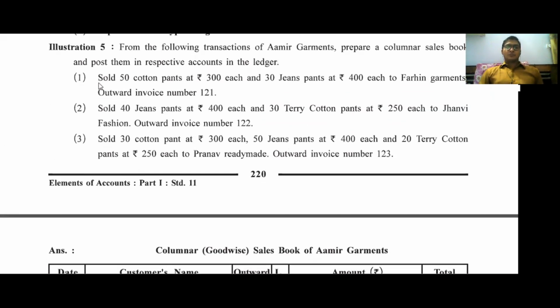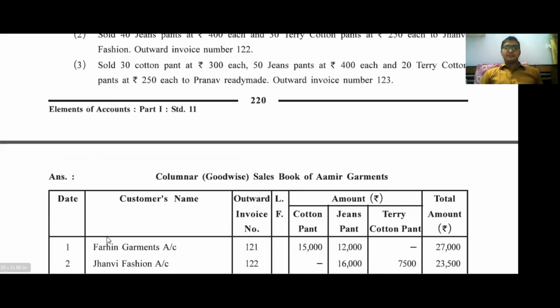Transaction number one: sold 50 cotton pants at 300 each and 30 jeans pants at 400 each, outward invoice number 121, and there is no trade discount. The name of the customer is Farhin Garments.